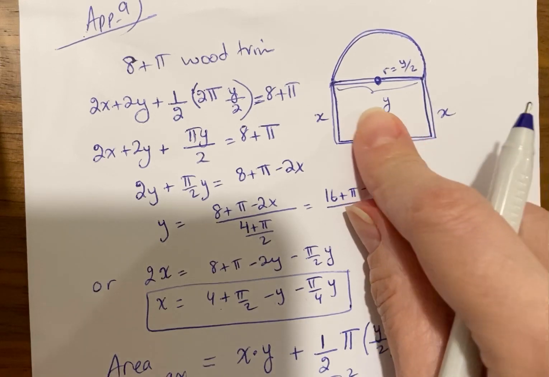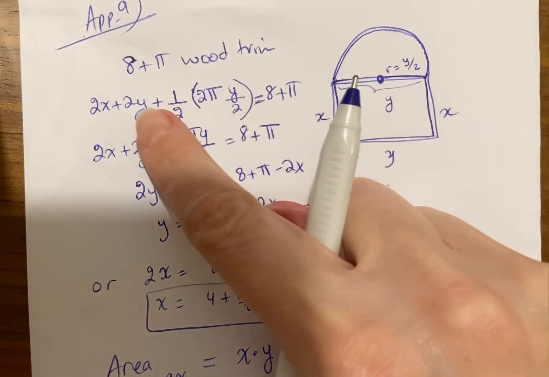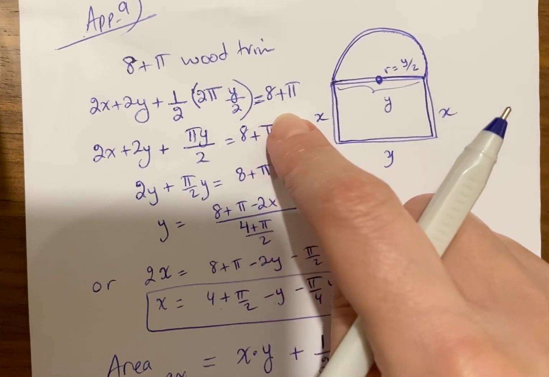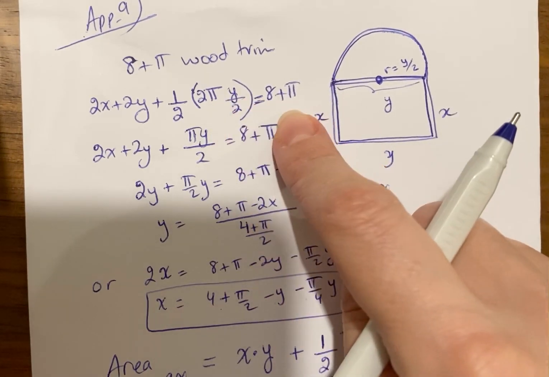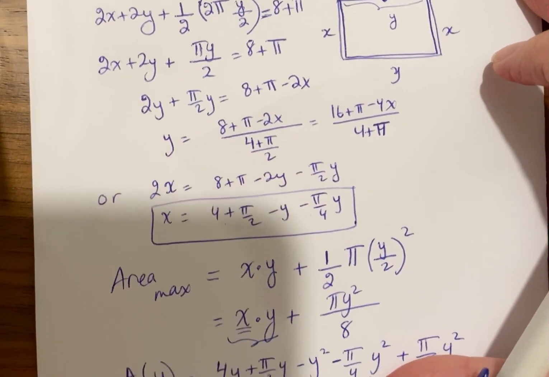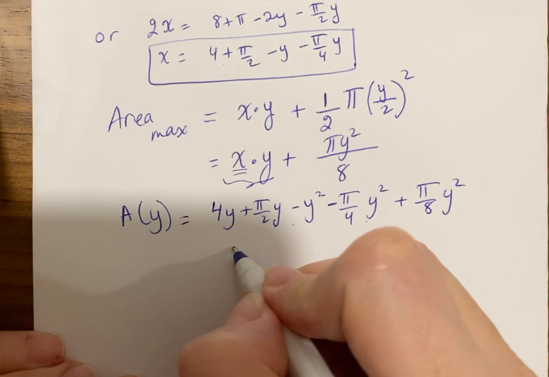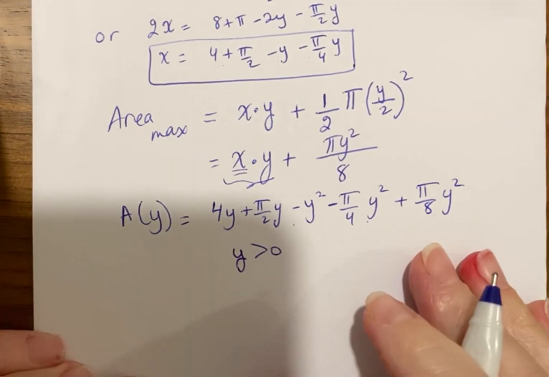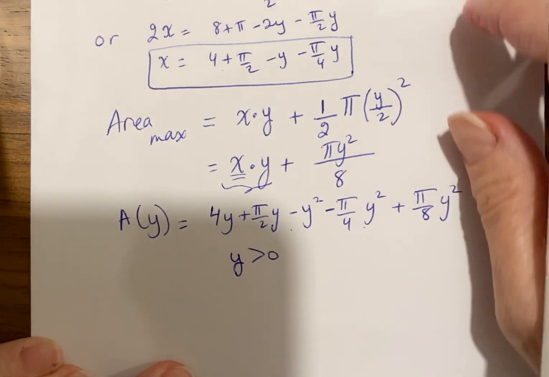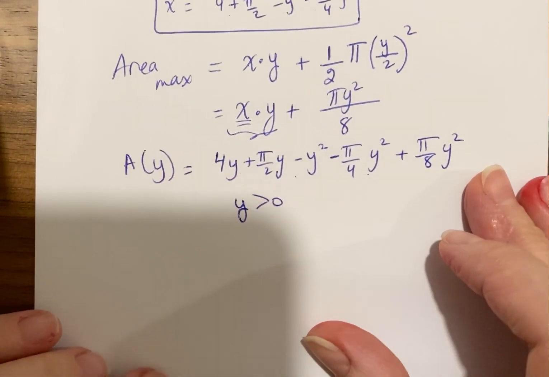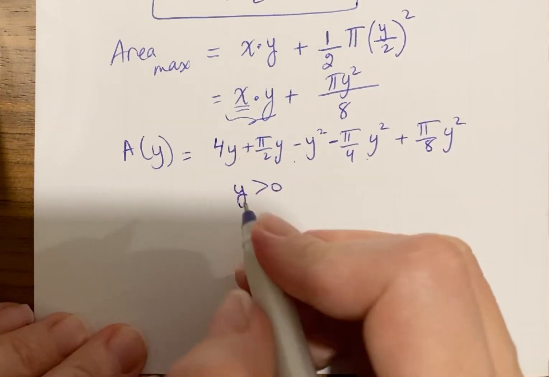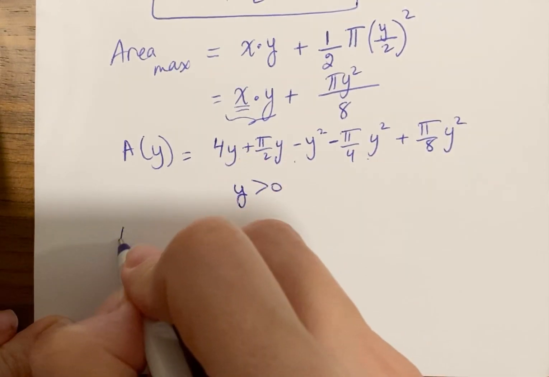So we know that 2x should be less than 8 plus pi, so x should be less than 4 plus pi over 2. But let's assume we didn't know how to calculate it. What we will just be strict with is that y has to be greater than 0. Because if y equals 0, everything will be equal to 0. All the area will be equal to 0. So y has to be strictly greater than 0.